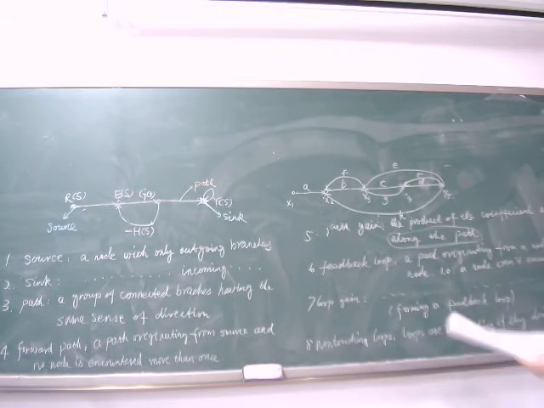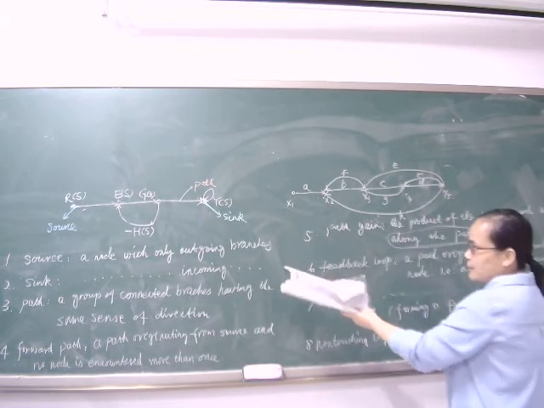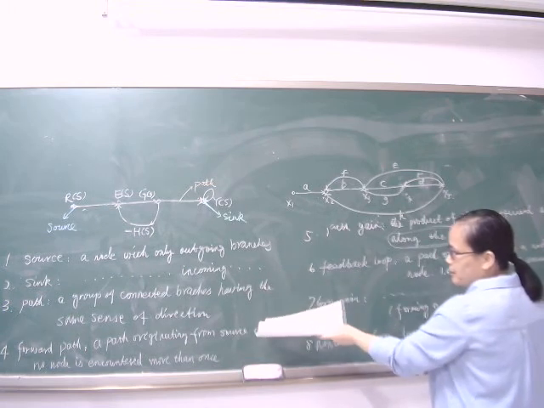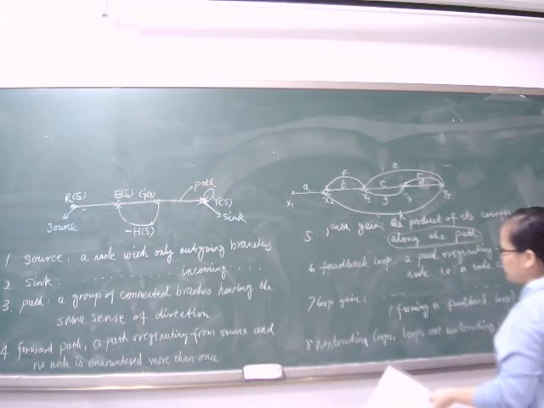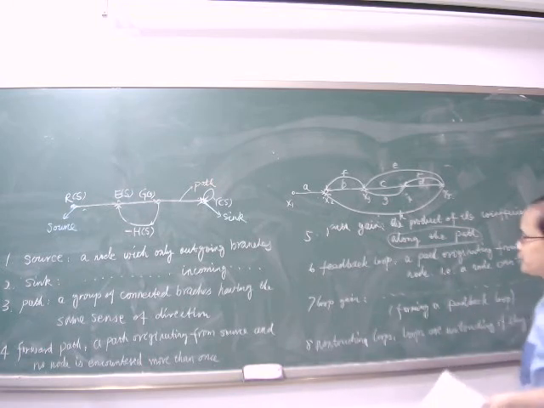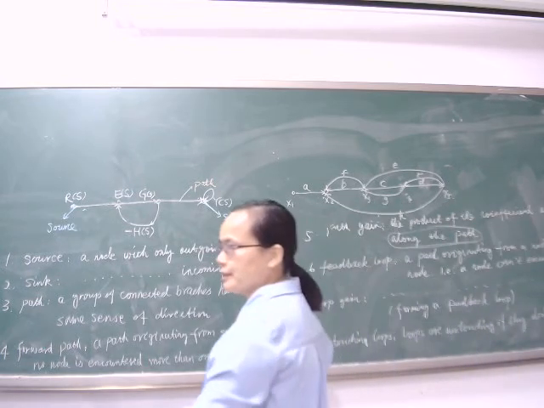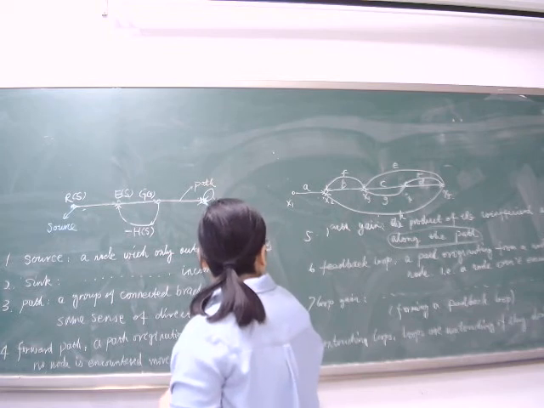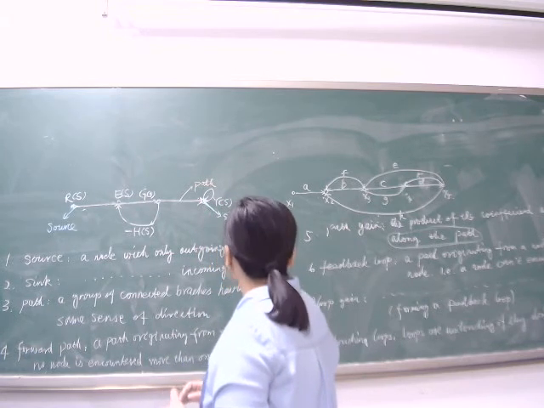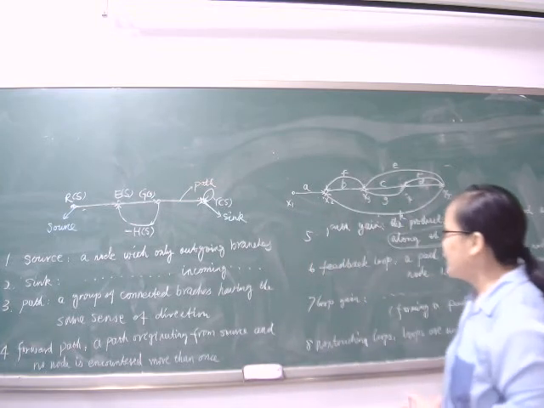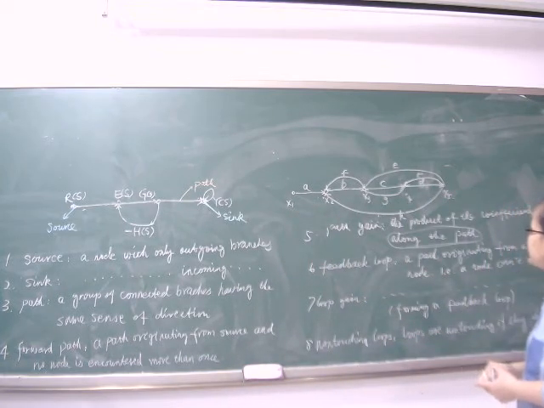In this figure, find the source, the sink, the path, forward path, path gain, feedback loop, loop gain. This x4 to x5, this feedback is k.